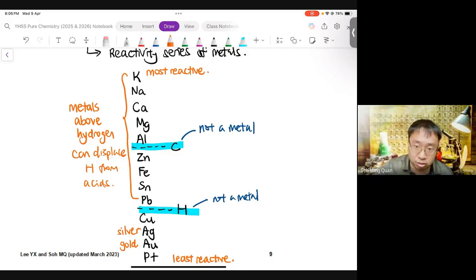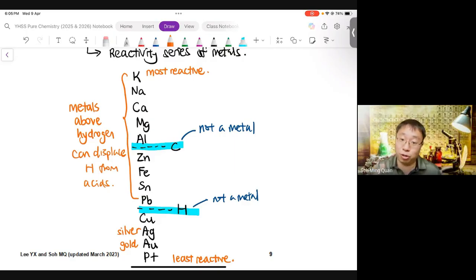Not all metals can react with acid. Okay, so potassium, of course, it can react with acid. All right, zinc can, because it's above hydrogen. However, copper, silver, gold, and platinum will have no reaction whatsoever with acids because they are below hydrogen in the reactivity series of metals. All right.